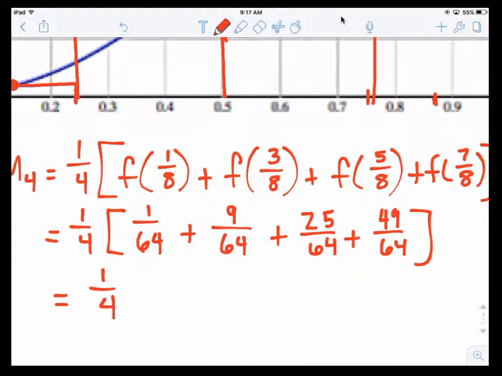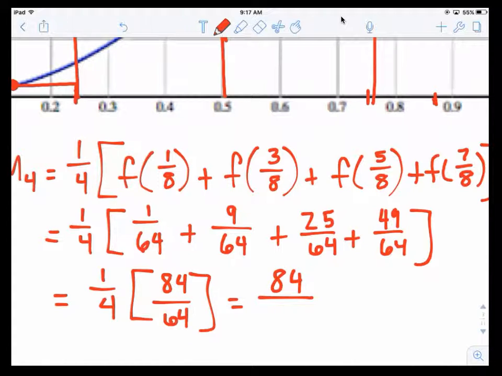So you have 1/4 times 84/64. And what would that be? What is it? Oh, you simplified it. Is that what you're saying?